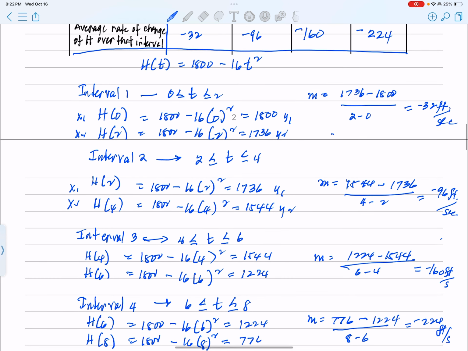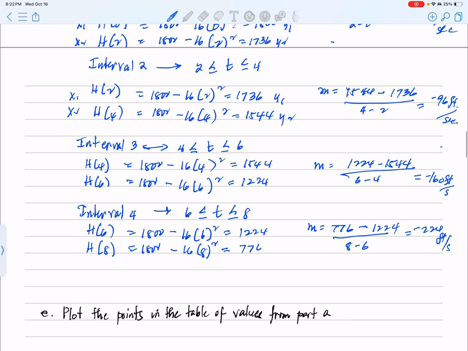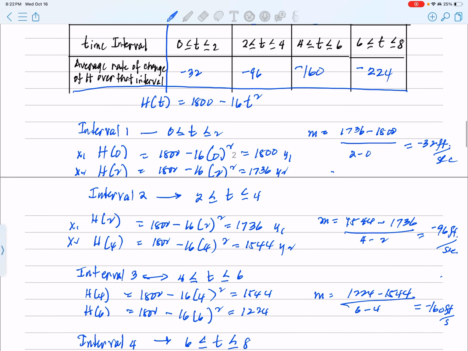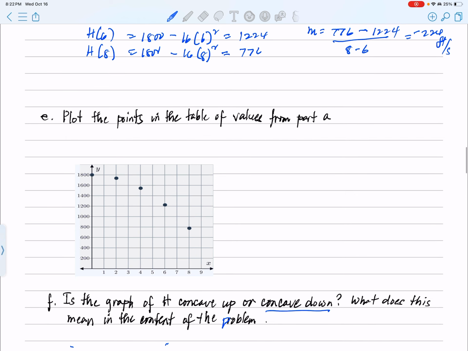What is the average rate of change? That is in terms of distance over time. All right, the table is completed. Plot the points on the graph.